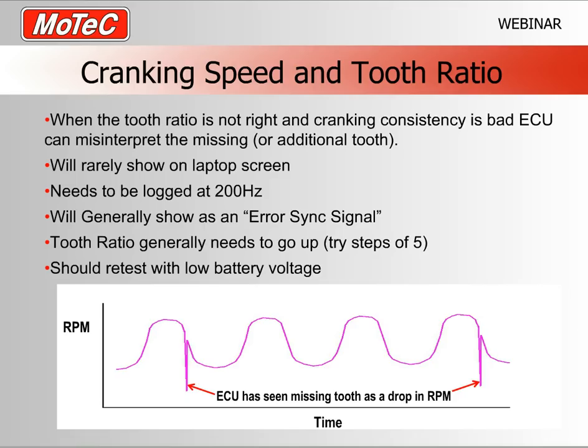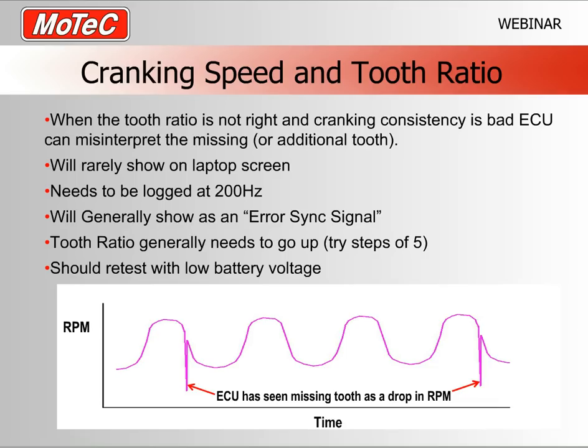One clearly seen problem with the tooth ratio is that, as the crank slows down, the ECU has misinterpreted those missing teeth as an actual drop in the RPM, and you'll see this in i2. That to me instantly says I've got the tooth ratio wrong.